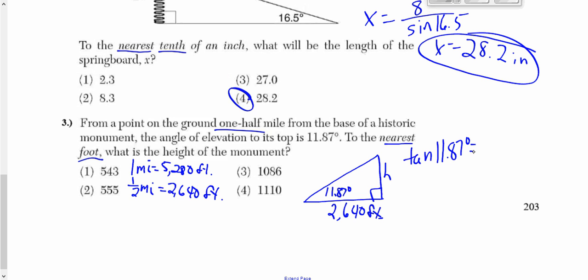Equals H. What'd you say? I thought you said H. Over. There you go. Now it's just like all of them, right? Good. Multiply both sides by 2640, but you know that'll end up being this. Right?